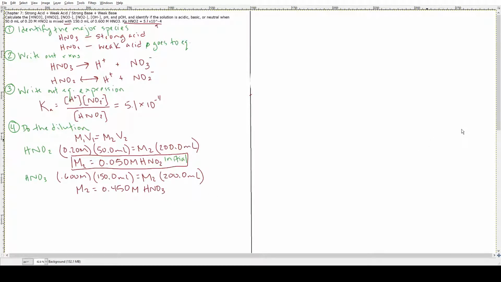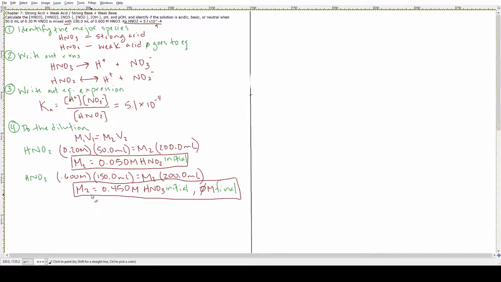Now, is this initial or final? It is initial. And do we know the final for this one? Your answer should be yes, we do know the final. We know it's a strong acid. It completely dissociates, which means it falls apart completely. So you could say it's 0 molarity at the end. So cool, we figured out the concentrations for that.